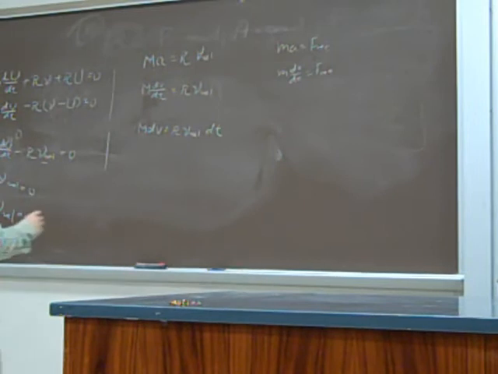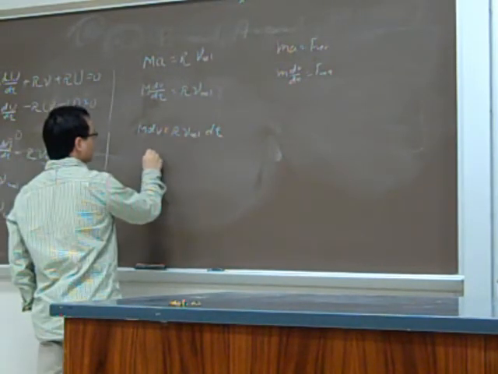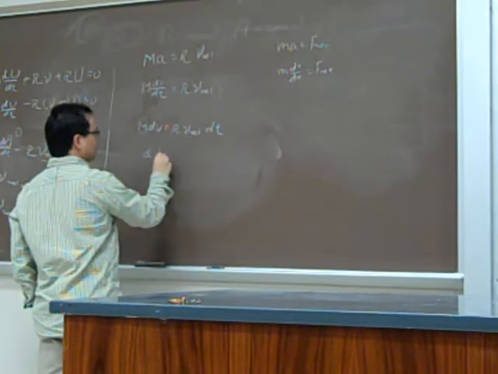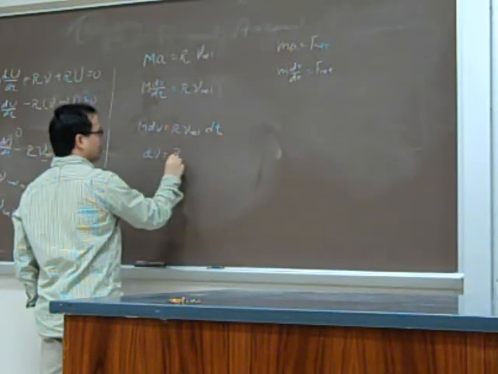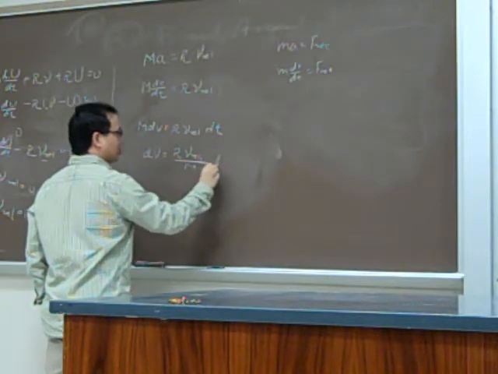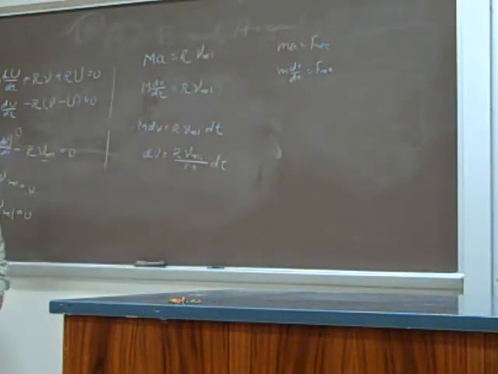And then we have dv equals r multiplied by v relative divided by capital M, multiplied by dt. Okay?